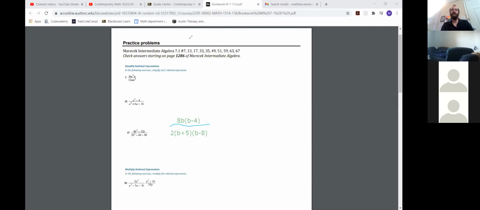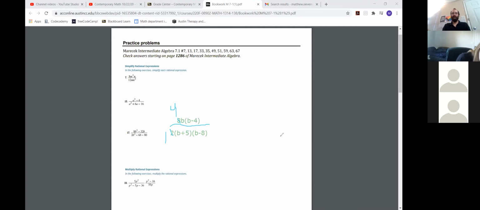There's my little bar. What am I slashing? What am I slashing? Doesn't look like any of these factors are the same. Just the 8 and the 2, I guess. I can get this 8 and this 2. Makes it 4 up here, makes it 1 down here.